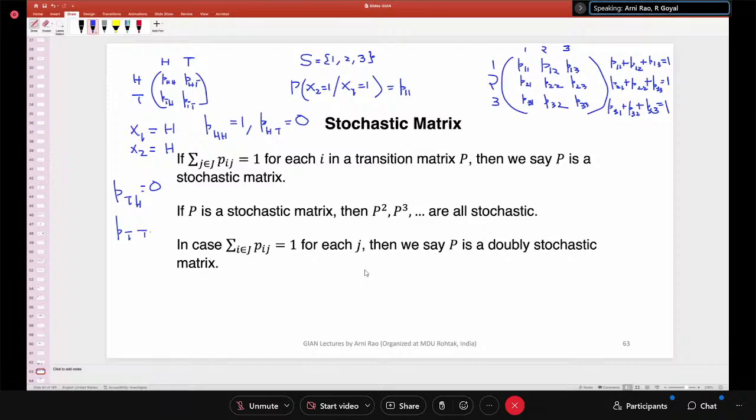You get probability t to t. So you have all values. In a way, this is 1, 0, 0, 0. And this is not a stochastic matrix, because this row is 1, but here this row is not 1. Some of these values undefined. Yes.